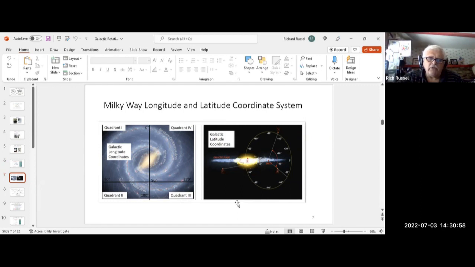I have been experimenting with the other quadrants, but basically, in galactic longitude, 0 is pointing right toward the center of the galaxy, and 90 is pointing in the direction of movement of the sun, basically if you go left.